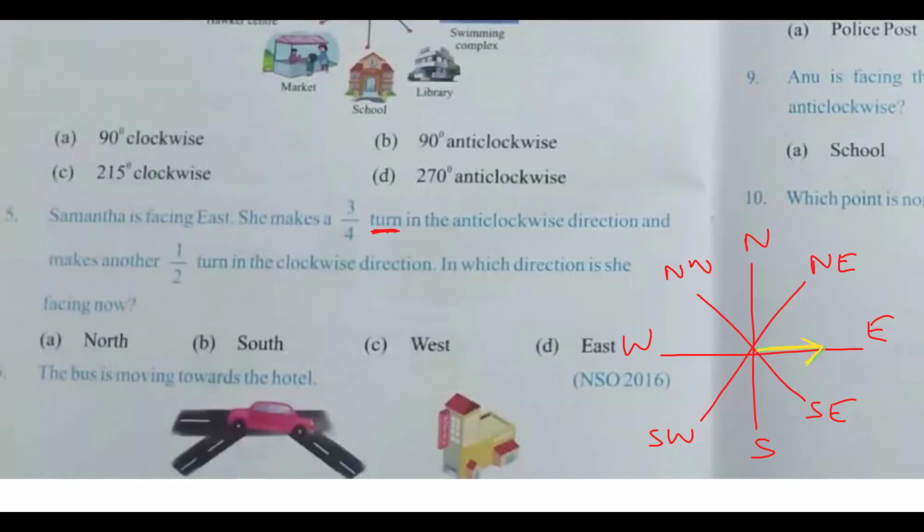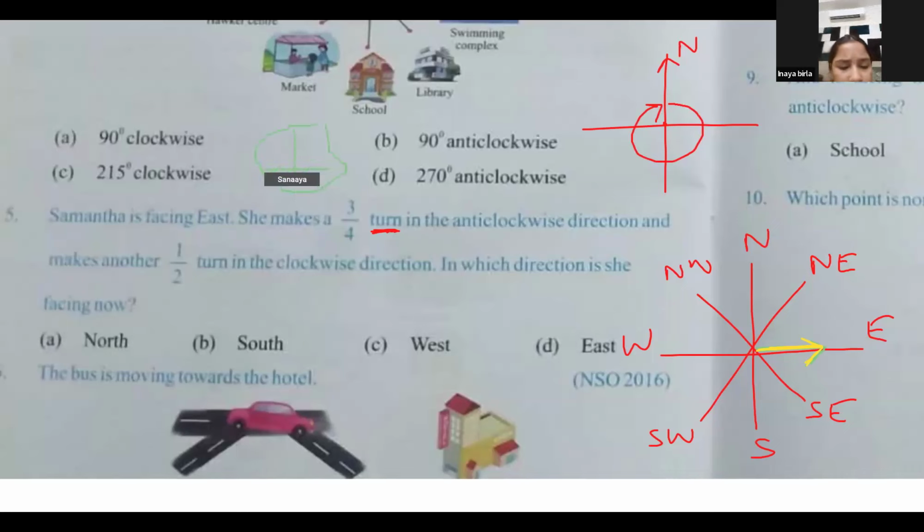See, if I am standing and I'm facing the front, say towards north, and I turn around and take a complete turn, and again I come to the same point, this is one complete turn.